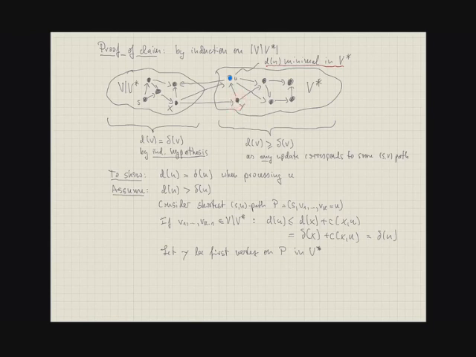Now this vertex y also has a predecessor, so let x be the predecessor of y on this path P. Now what can we observe here? Well, we see that d of y is at most d of x plus the length of the corresponding arc from x to y. Why is that?